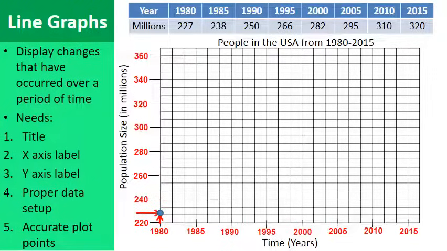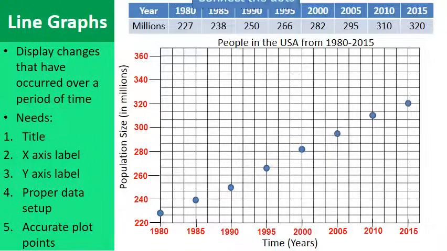So draw an imaginary line where 1980 and 227 would intersect, and put a nice big blue dot there. 1985, 238 million, put a data point there. 1990 has 250 million. 1995, 266 million. 2000, 282 million. 2005, 295 million. 2010, 310 million. And 2015, 320 million.